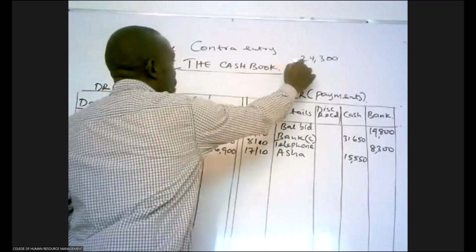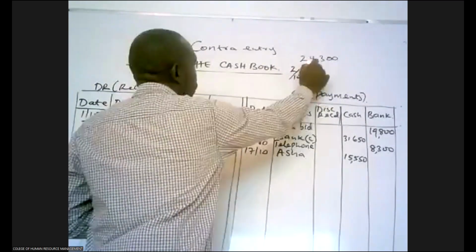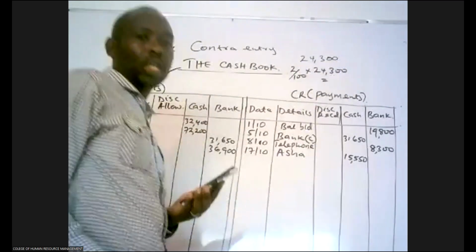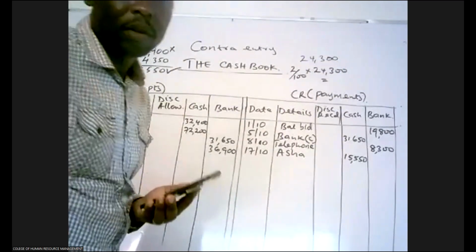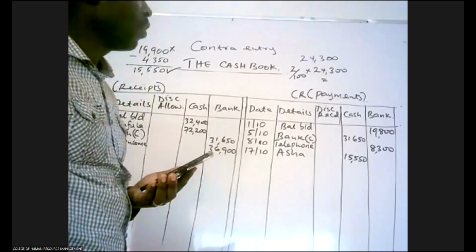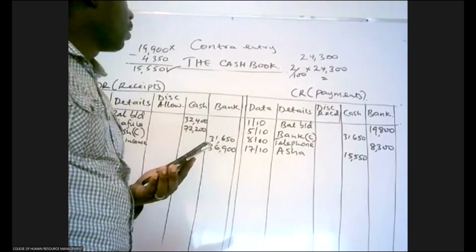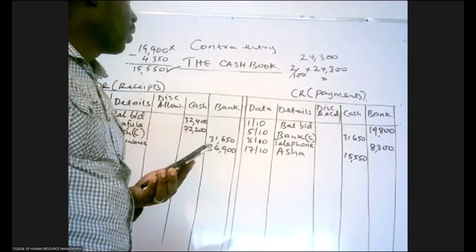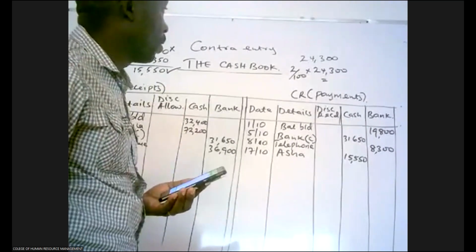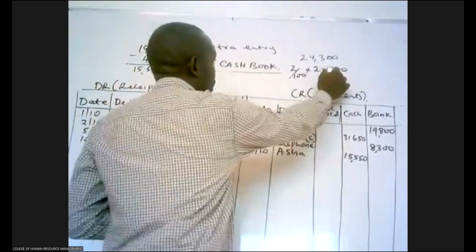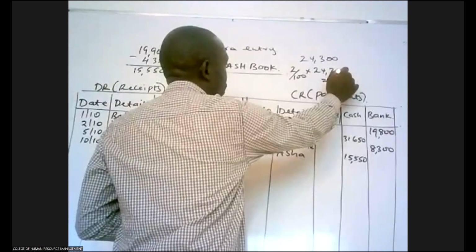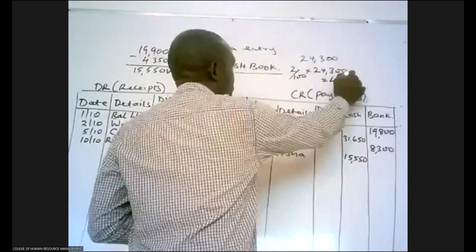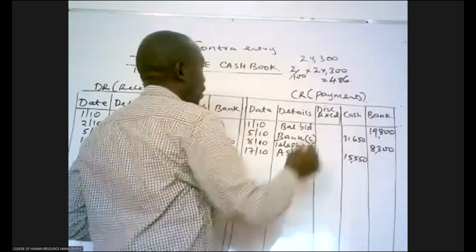So you do 2% of 24,300. That translates to how much? 486. That is now the discount.